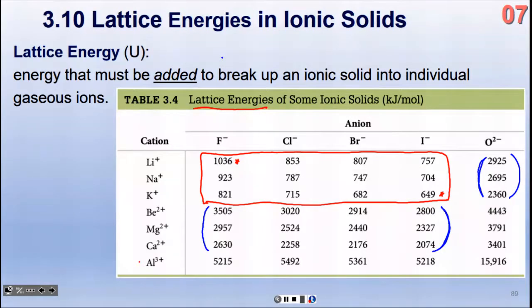The highest one over here is with oxide. The highest one here is with beryllium. The lowest one is in this section of the chart, and the highest one is here. There are some patterns going on here. Let's see what makes sense of that.